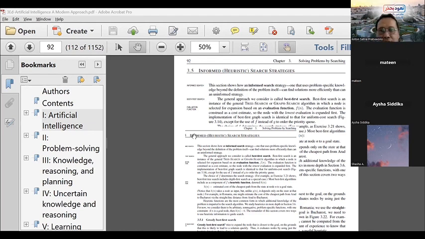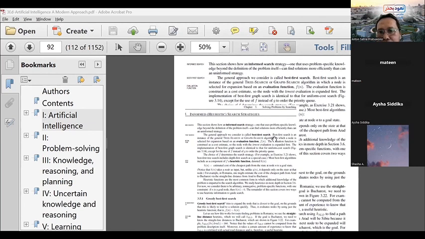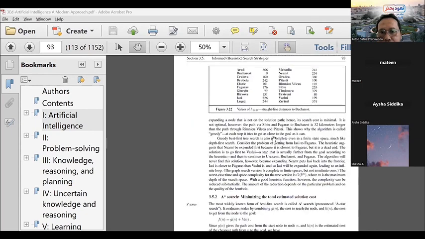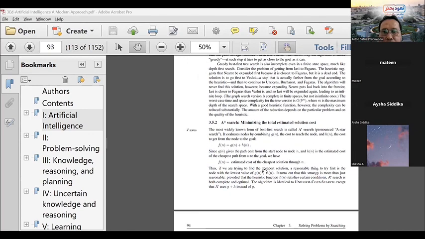So, did you read this lesson about the informed or heuristic search strategies? Some contents of this lesson are also taken from this section, this part.